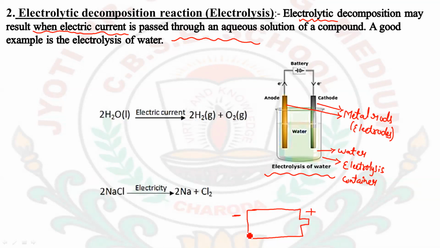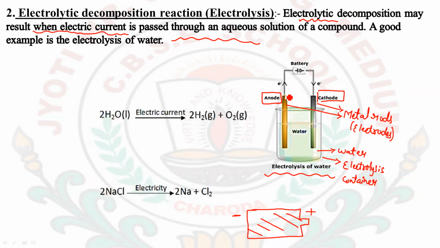The rod connected to the positive end of the battery is called the anode, and the electrode connected to the negative end of the battery is called the cathode.